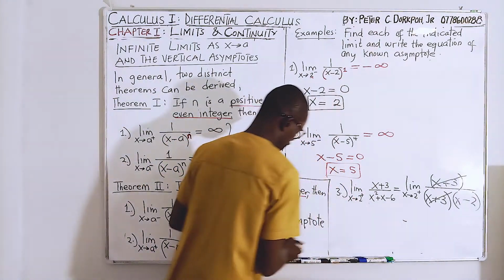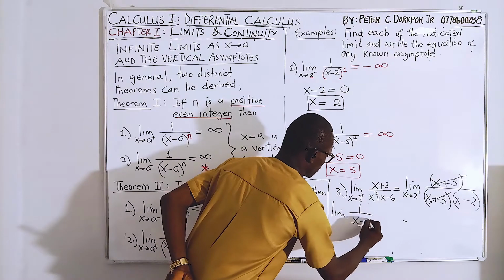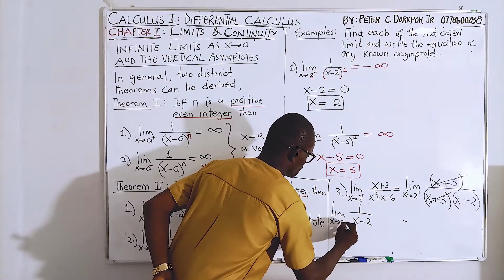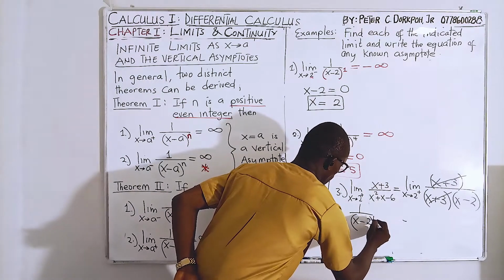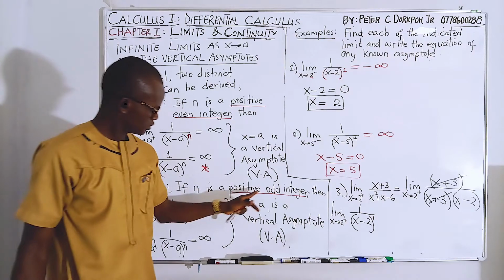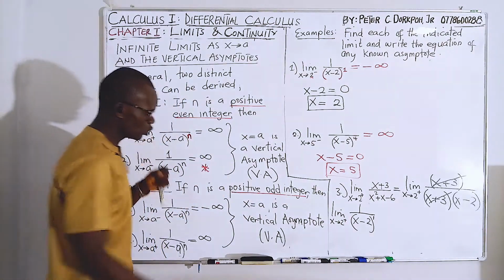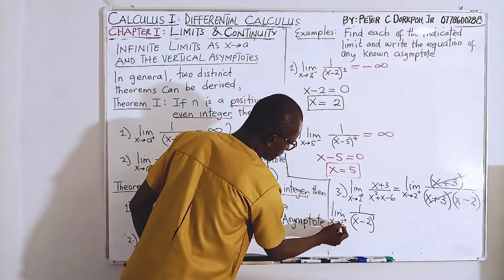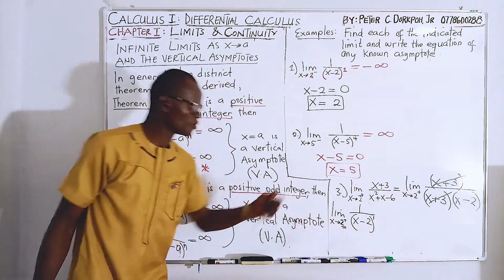So therefore we have the limit now of 1 all over (x minus 2) as x approaches 2 from the right. So this whole thing is raised to the power of 1. So the power is odd. Now if the power is a positive odd integer, then the next thing we look at is whether x is approaching this value from the right or from the left. x is approaching 2 from the right.